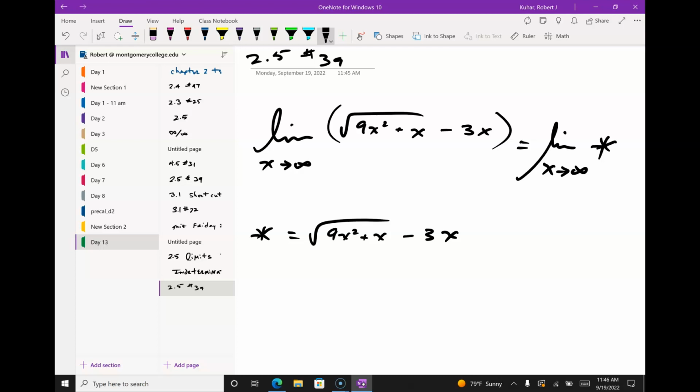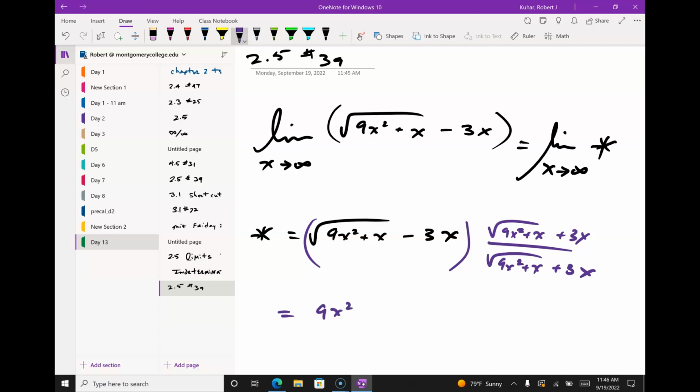Say it. Conjugate? Conjugate. Everyone okay here? What makes us think of conjugate? The radical, the square root. So I get 9x squared plus x minus 9x squared. Oh, that's nice.